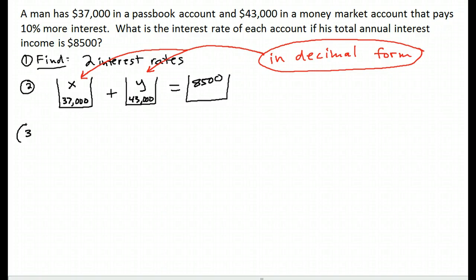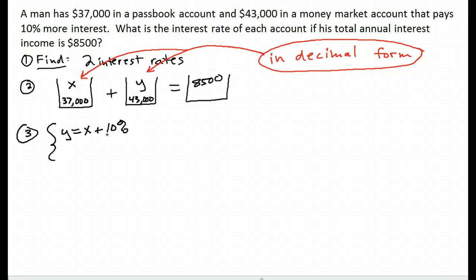So let's get our two equations. First of all, how do x and y relate to each other? It says that the money market, which is where we put our y, that interest is 10% more than the interest rate x. So y is 10% more than x. Now, remember what I talked about as far as the decimal form?